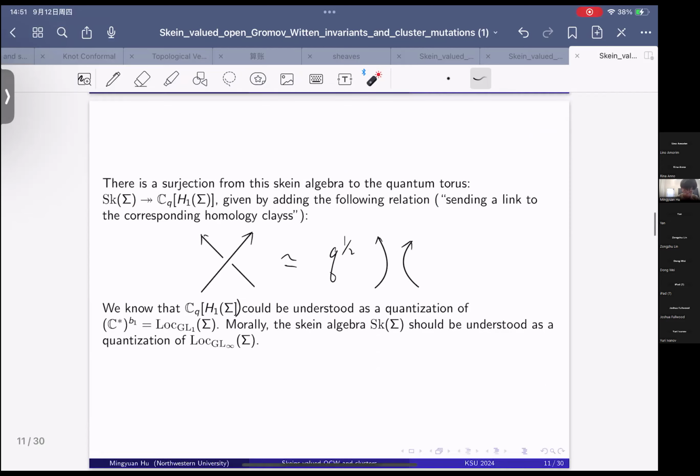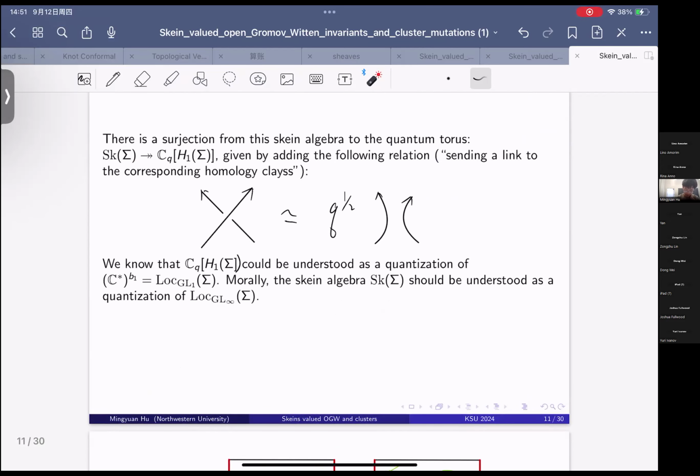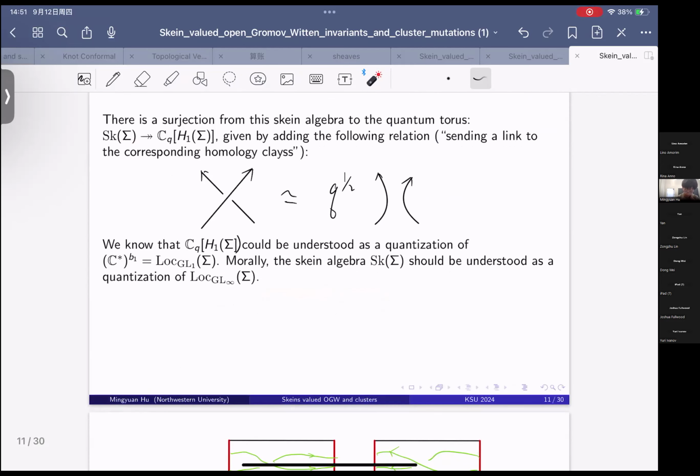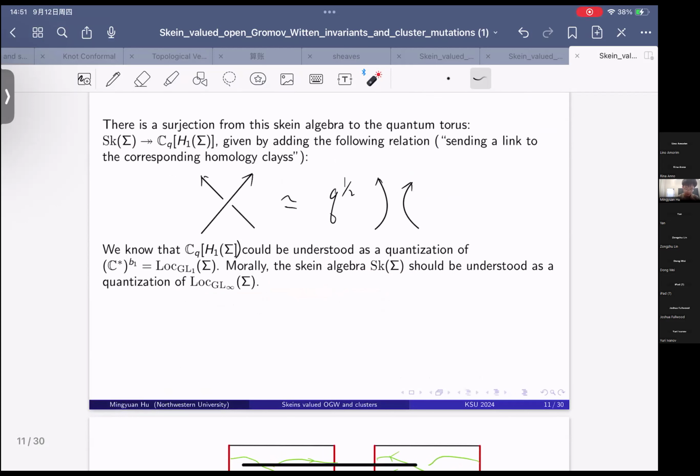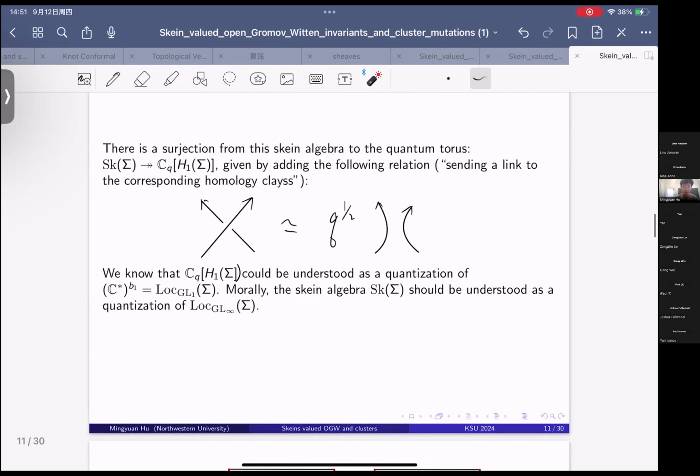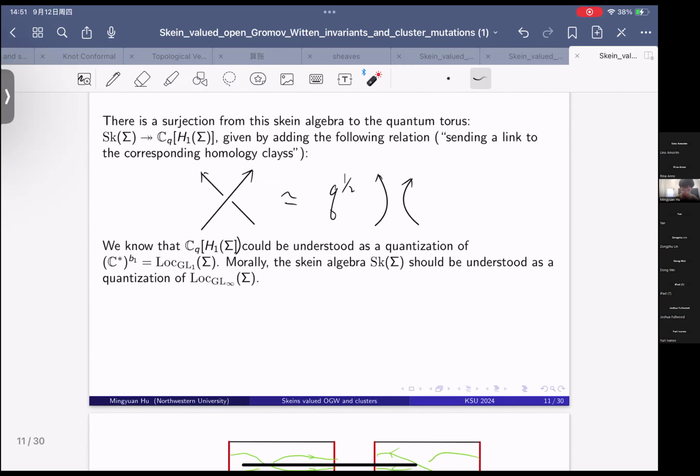It's very large. Morally, and this is not a rigorous mathematical definition, roughly speaking, the skein module could be understood as a quantization of the rank infinity local system on sigma. But let me ask: GL1 local systems form a torus, which is a cluster chart, an elementary cluster variety, so you quantize it.